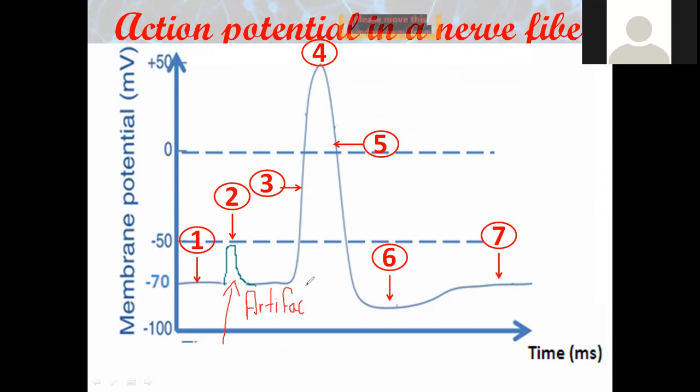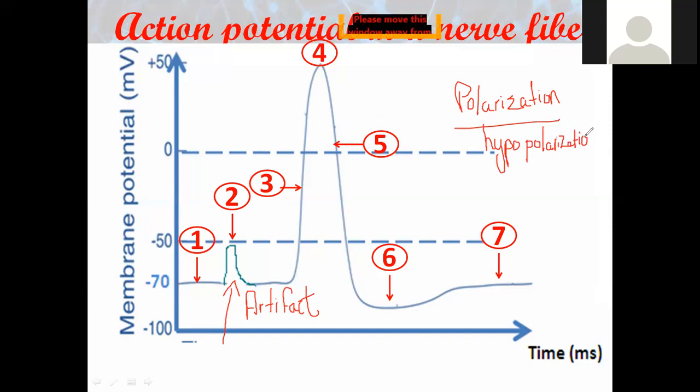Whenever we talk about polarization, as I said before, I'm talking about negativity. Here I'm moving toward the positive, away from the negative, so it's called hypopolarization. Hypo means a decrease in the polarization, so hypopolarization is a decrease in the negativity.